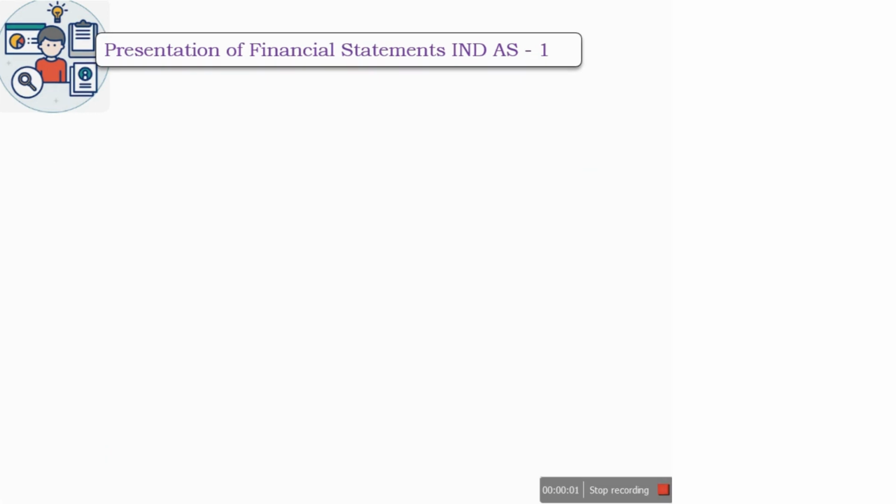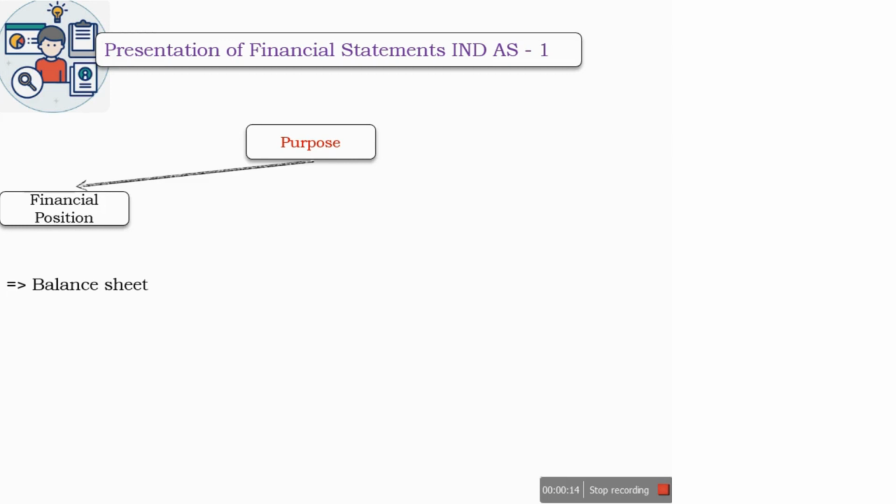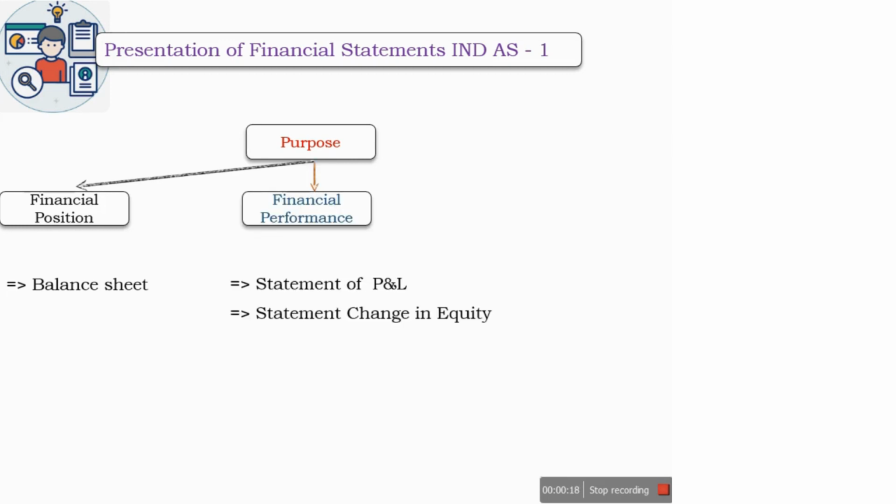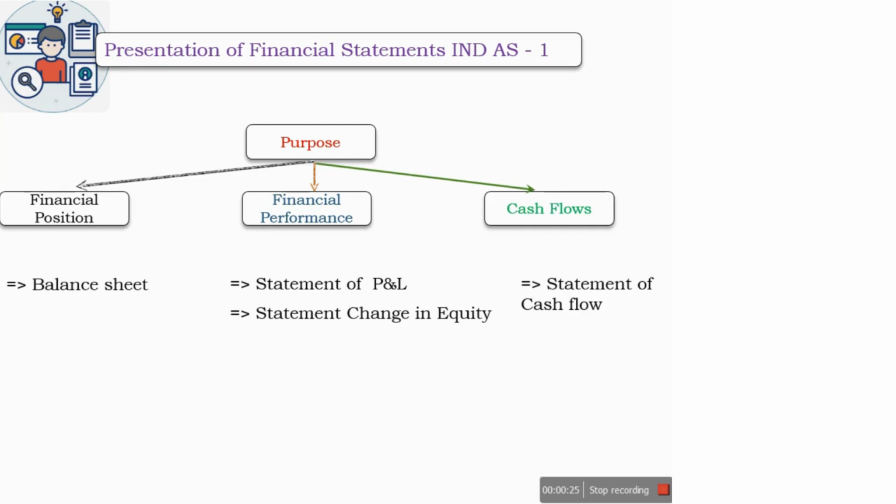Financial statements are the structured representation of financial position and financial performance of any entity. So to provide the information to the end user, IND AS suggests that we need to provide the information regarding the financial position of the entity, that is the balance sheet, regarding the financial performance in respect of profit and loss and statement of change in equity, and the statement of cash flow to the users.